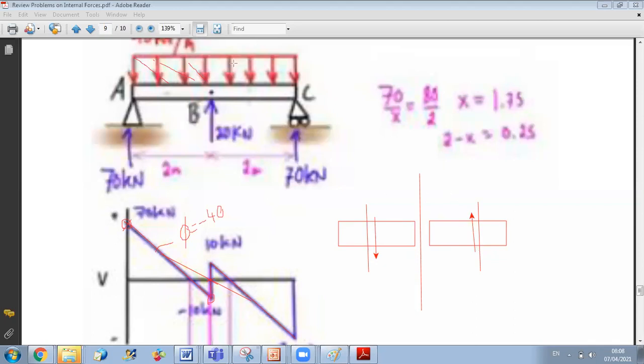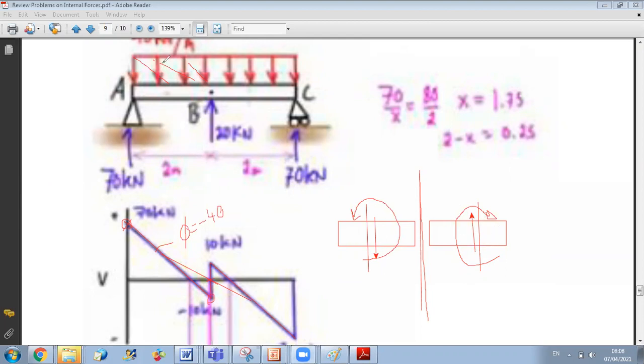Now concerning the bending moment, it is the opposite, because look, the bending moment in this cut is like this, while in this cut it is like this. So when you compare with respect to the symmetrical line, it's a mirror. So it's a mirror with respect to this line for the moment, while for shear it's opposite sign.